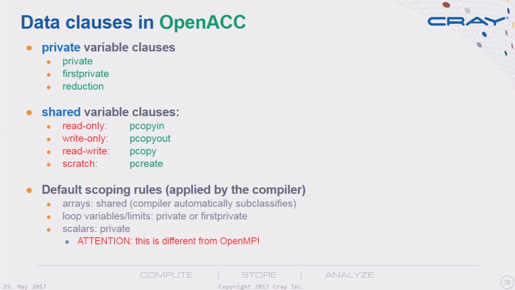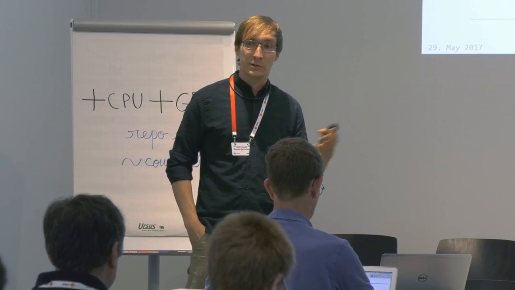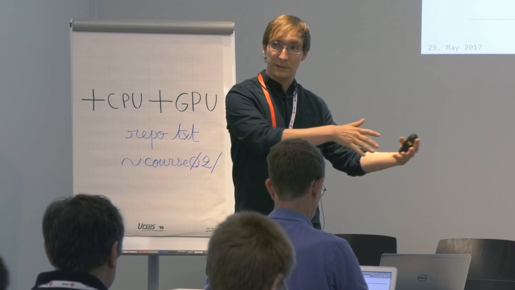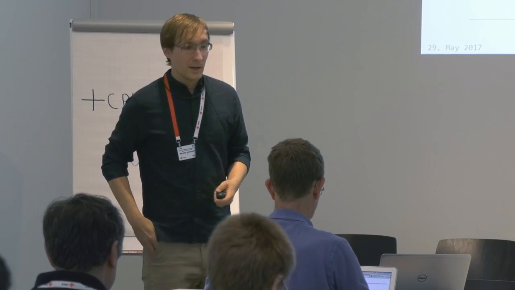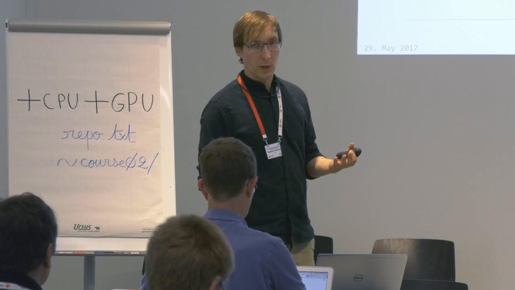All these P statements stand for present or copyin, copyout, which means the compiler will check if the data is already on the GPU and then not copy the data, and if it's not already on the GPU, it copies the data. This is the same behavior that OpenMP also has.